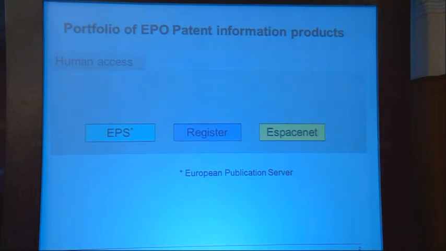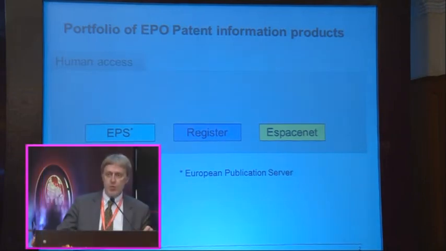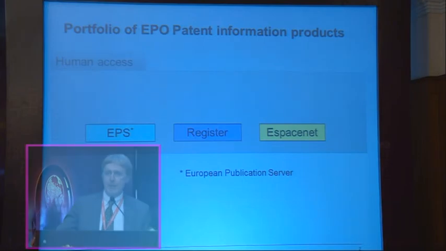For example, if I take the one in the middle, the Register, this is a very interesting application which provides you with all the information related to patent applications. This is the right place to find procedural data, legal status data, and also to access the EP file wrapper where you would find all the correspondence between the applicant and the European Patent Office.